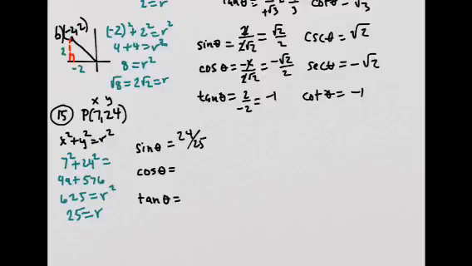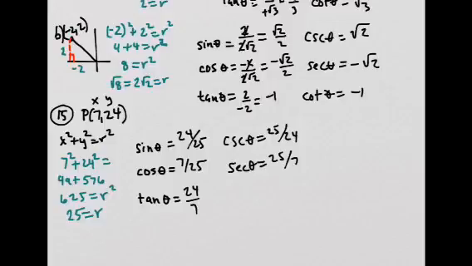Cosine of theta is x over r, 7 over 25. Tangent of theta is y over x, 24 over 7. And then the reciprocals, 25 over 24, and then 25 over 7, and then 7 over 24.